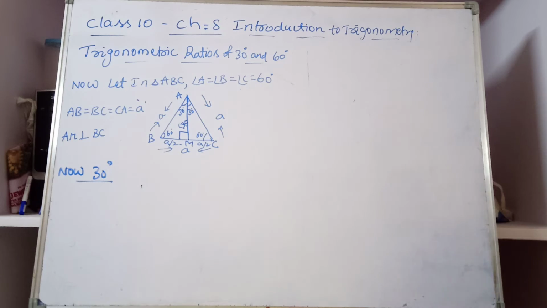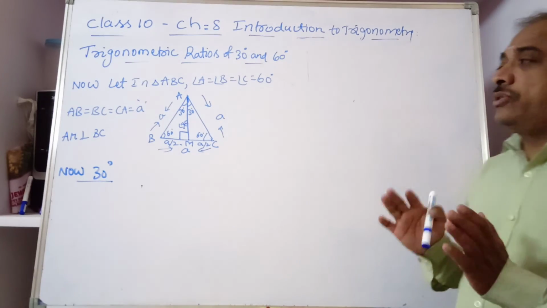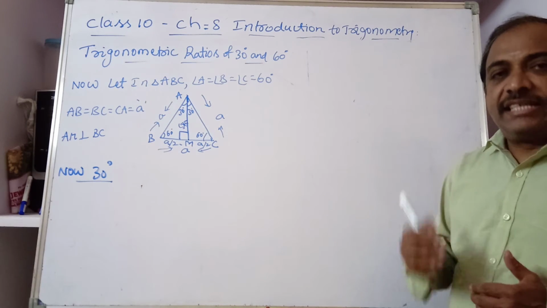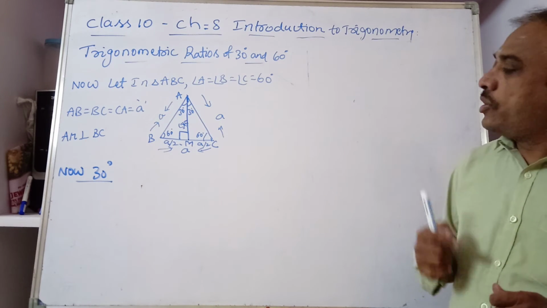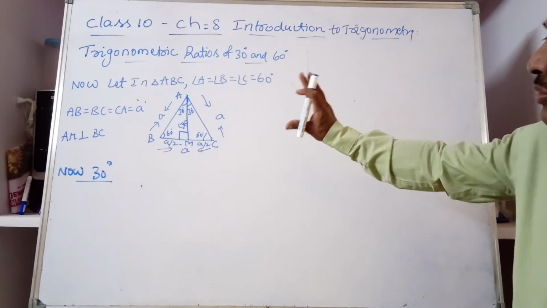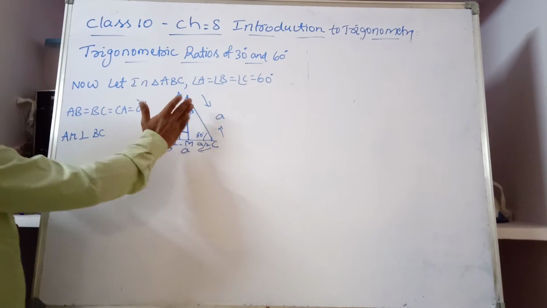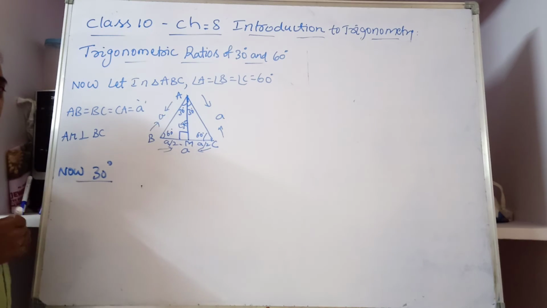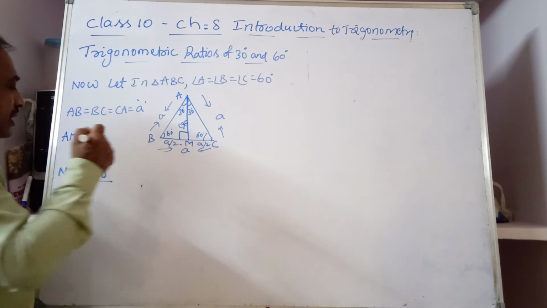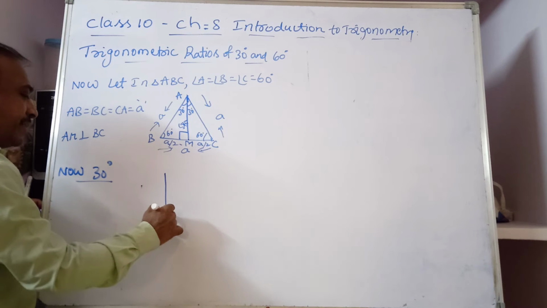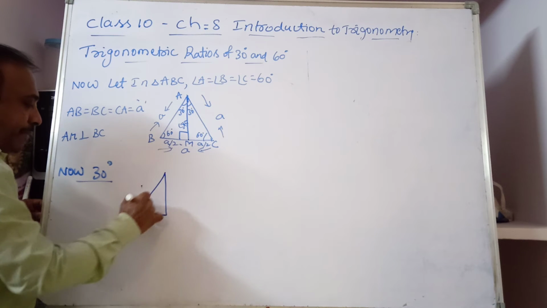Now we will see 30 degrees. What are the values, the ratios of 30 degrees for sine, cos, tan, cot, secant and cosecant? In the previous example we took one of the triangles, because this altitude divides the figure into two parts. This is one triangle, that is another triangle. Previously we considered AMB, and now also we take triangle AMB.